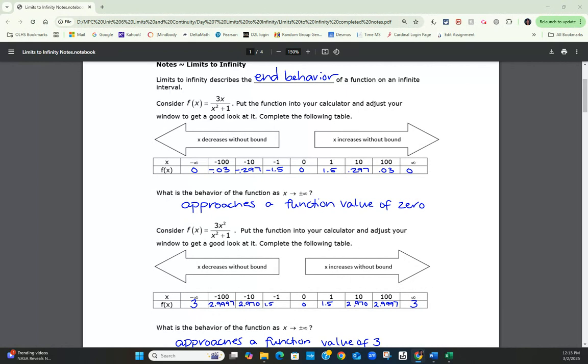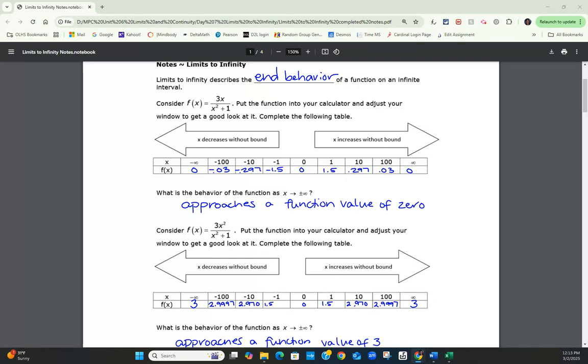Like, for example, a quadratic function that has a positive a value, you know it's going up on both ends, and so the limit as x goes to both negative infinity and positive infinity would be infinity. That's different than a limit as x approaches a constant value, because that's not the end behavior.